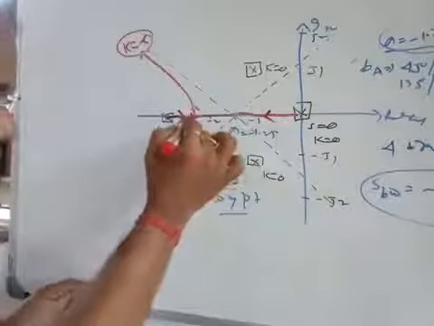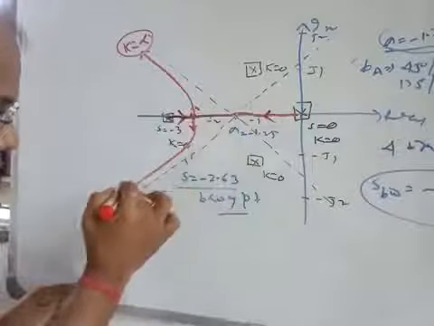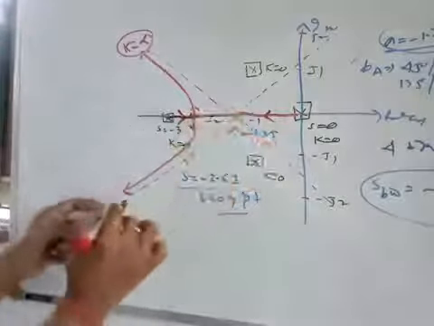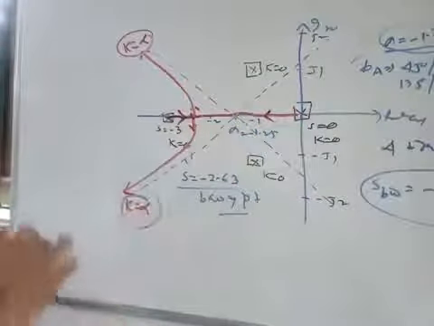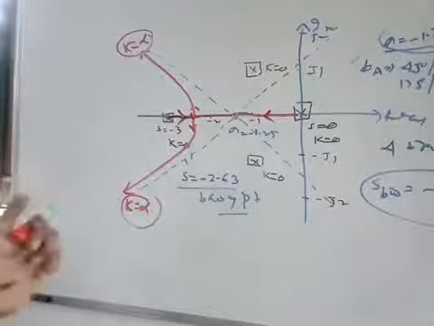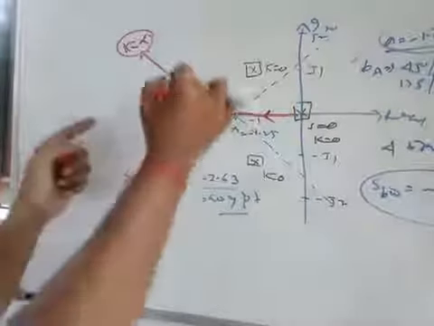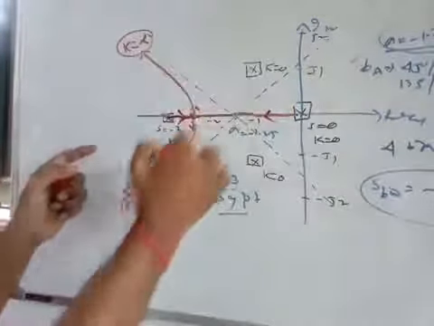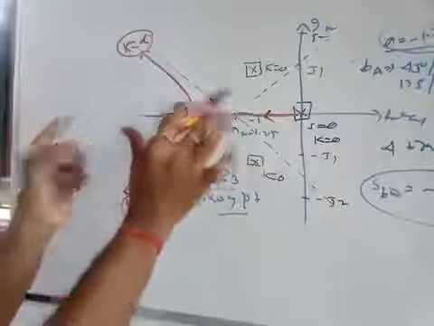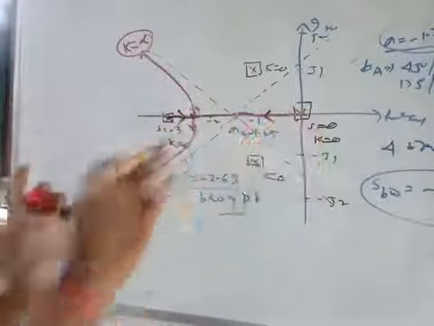Similarly, this path is following this path, because this is one asymptote, and at the same time we know that the Root Locus plot is symmetrical about the real axis. So this and these are symmetrical. So two branches originated from two poles, that function is covered.